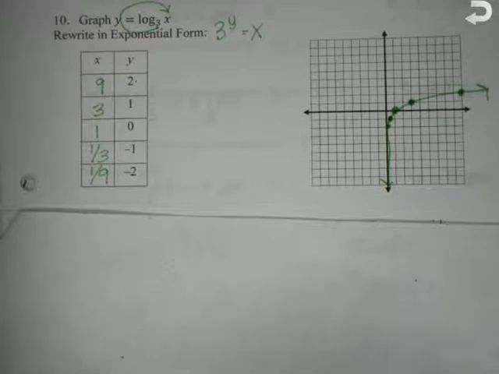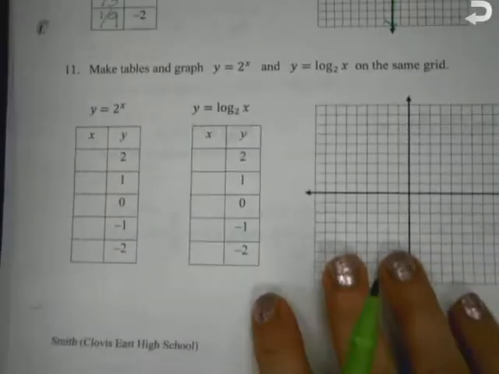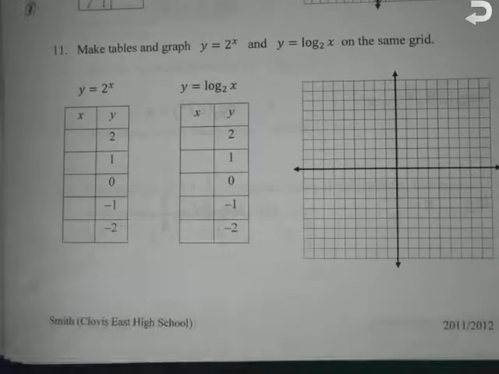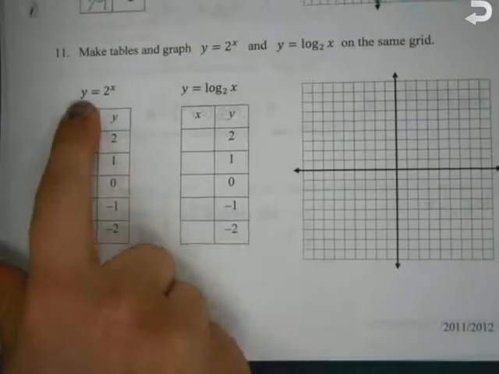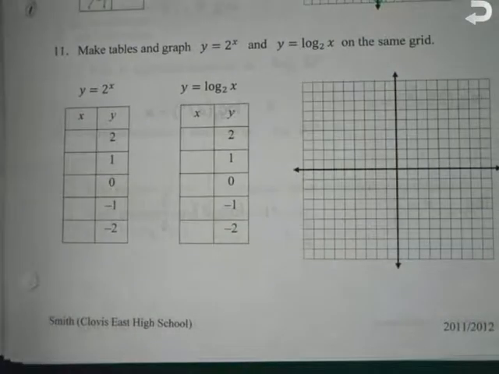Okay, so we want to graph both of these on the same grid. The first one is given to us in exponential form, y equals 2 to the x. What's my exponent there? X. So this is a typo, I should have plugged all the numbers in to x. What I did was I copied and pasted and then forgot to change it.